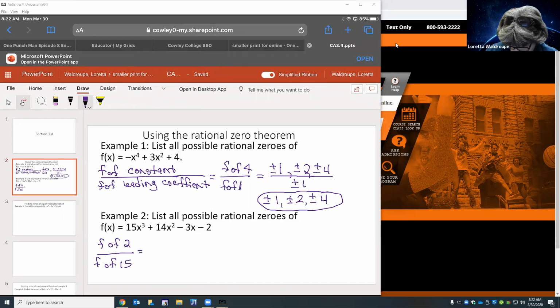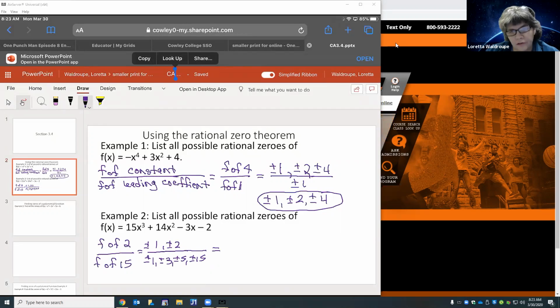So what do we multiply to get 2? 1 and 2. What do we multiply to get 15? Well, for 15, it can be 1, 3, 5, and 15. So let's do all our division here.